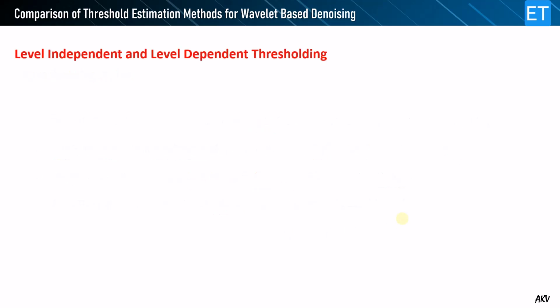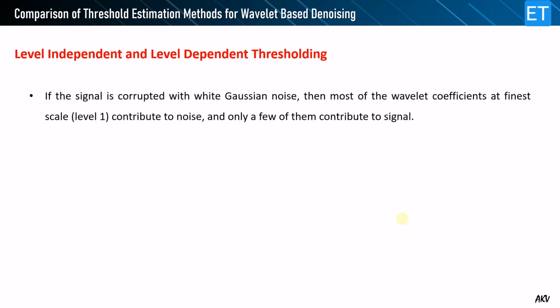So now let's go for level independent and level dependent thresholding. What does it mean? If your signal is corrupted with white noise, then most of the wavelet coefficients at the finest scale, I mean the detail coefficients, contribute the noise, and only very few of them contribute to the signal.